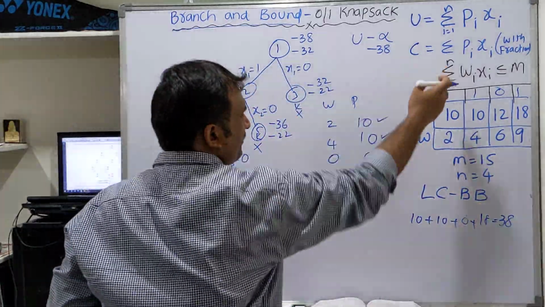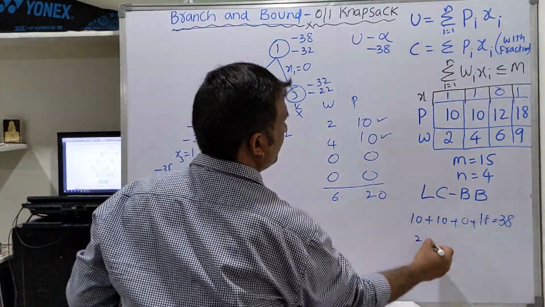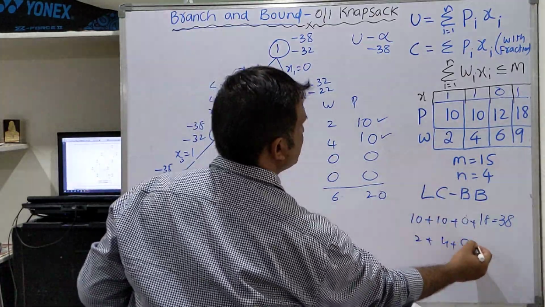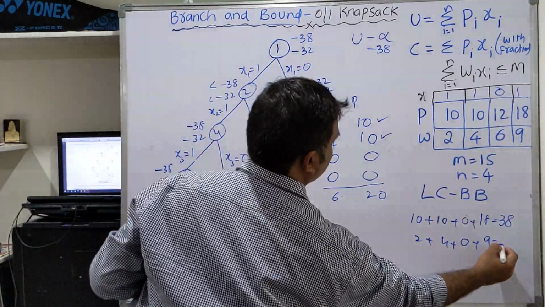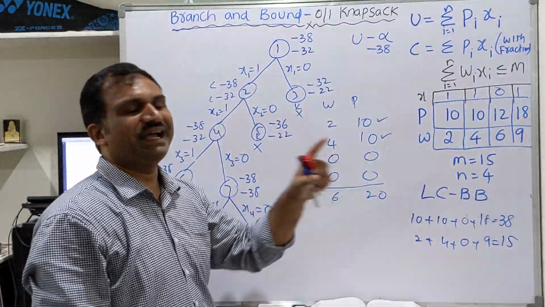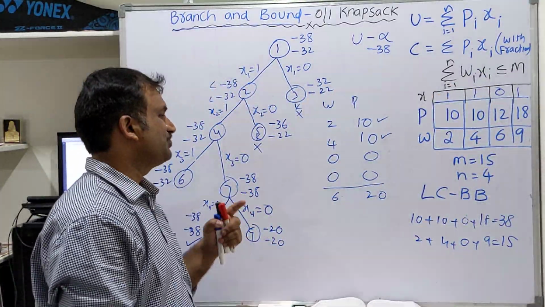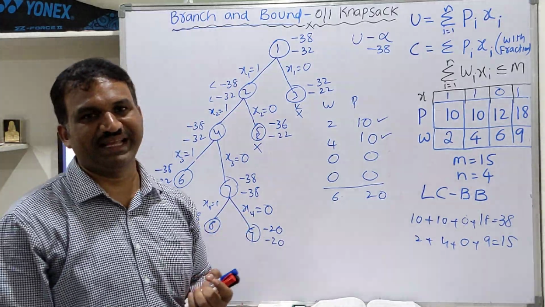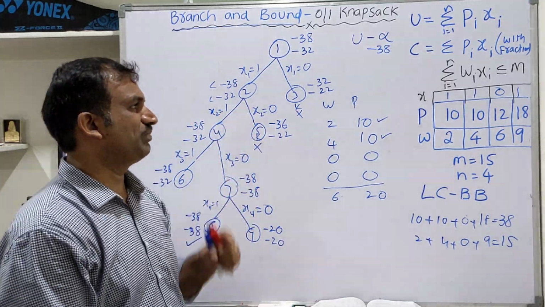You can also check the weight: 1 into 2 plus 1 into 4 plus 0 plus 1 into 9, that is 15, which is less than or equal to m, and we got the highest profit. So this is the branch and bound technique for the knapsack problem.